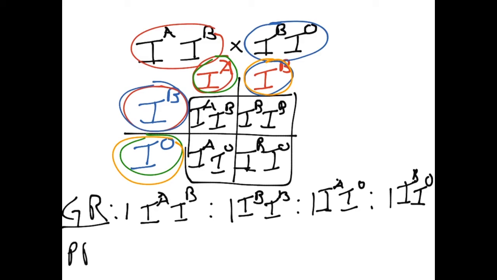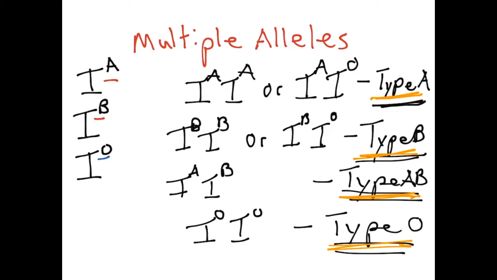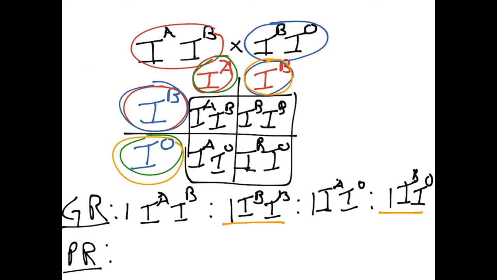If we look at the phenotypic ratio, we have to remember that both this genotype and this genotype produce the same blood type. It's called B blood type. If we look back at our first slide, B blood is either of those two. So when we write down our phenotypic ratio, we could end up with 1 IAIB to 2, whoops, I made a mistake there. I was writing down genotypic ratios.